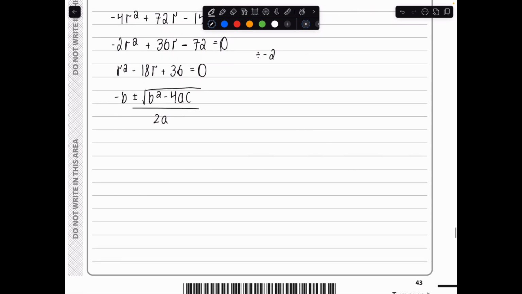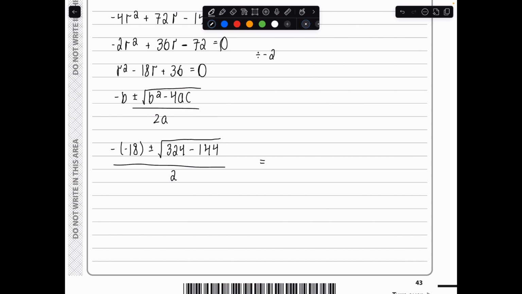So what is b in this case? b is minus 18 plus or minus, then we have the square root of, what is b squared? b squared is 18 times 18, which is 324, take away 4 times 1 times 36, which is equal to 144, and all of that is over 2.